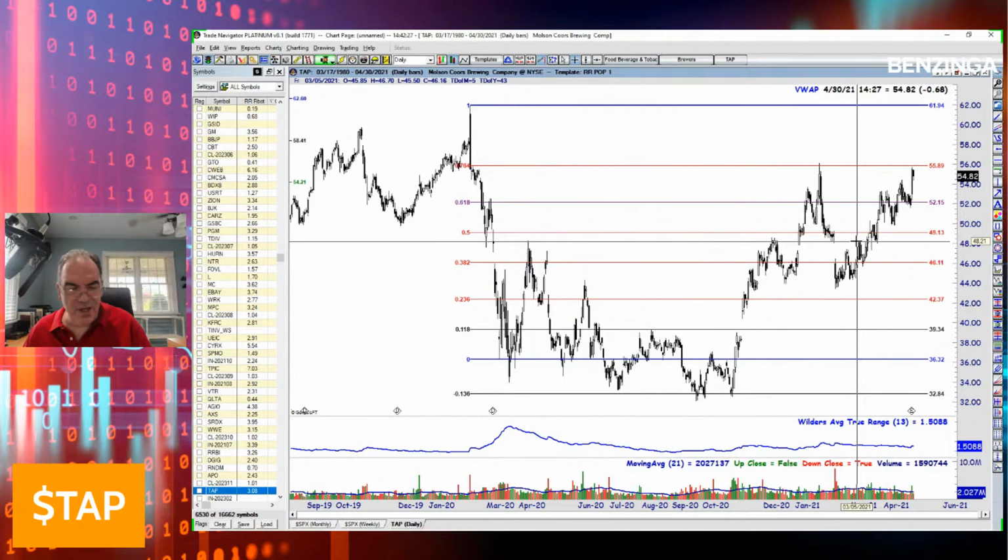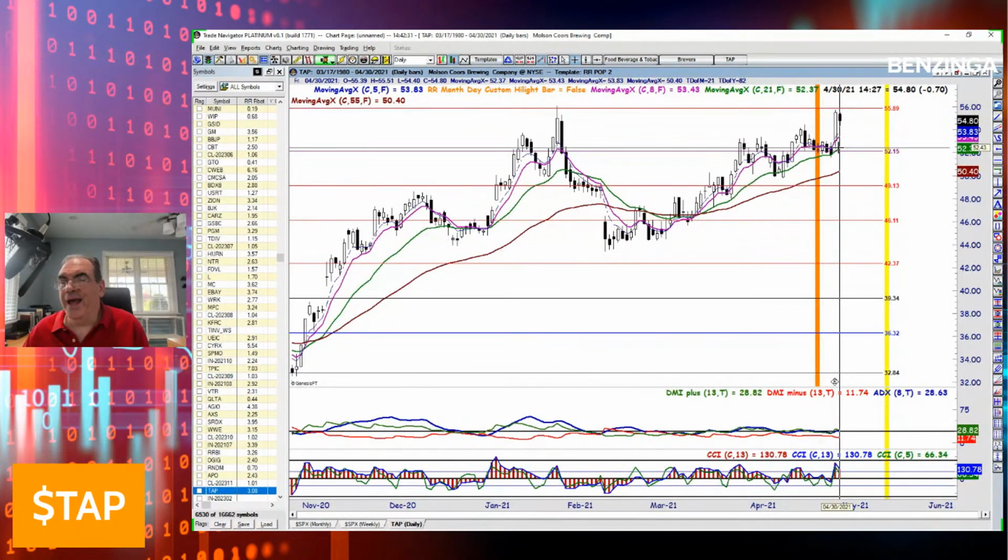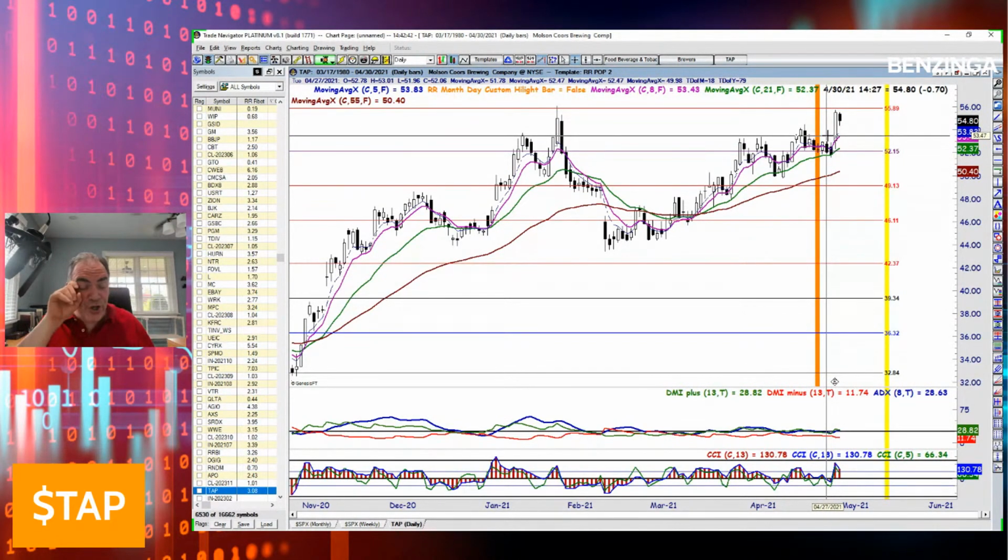Okay, let's go back to template number 2. So again, look at the move we had yesterday. It's hard for me to say, let's enter a trade. You know, we missed the move, right? Darn, I missed the cruise ship I was getting on today. It pulled away from the dock. Let's jump in the water and try to catch up? No, let's wait for it to come back to the dock, right?